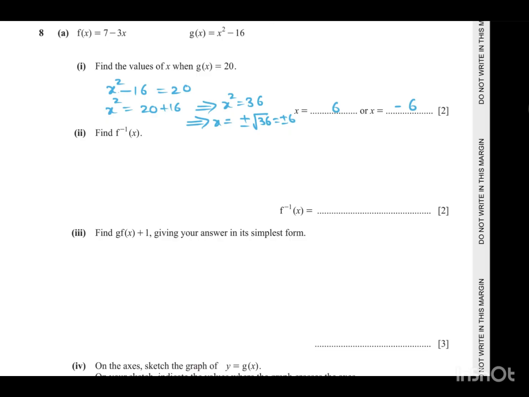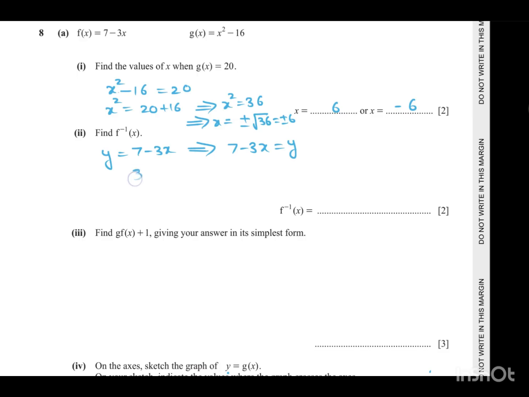Find f inverse of x. Question 2. Now for the inverse function, always take one more variable, y, equate it to the given function, and flip the equation, keeping x, bringing all to the right hand side.